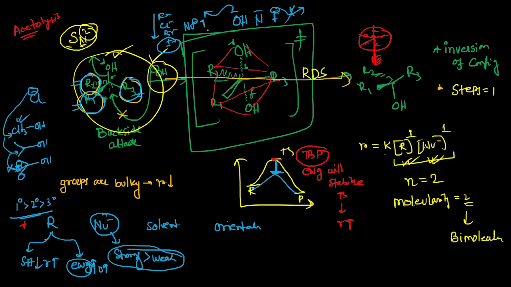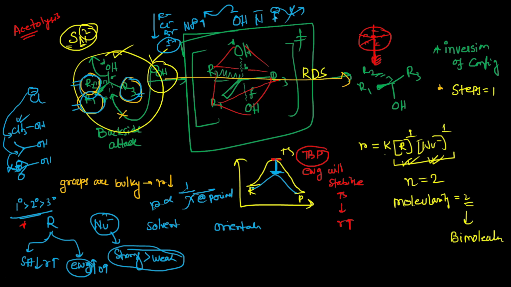So I can say here the rate is proportional to 1 by chi, that means electronegativity in a period. In any period, these are in the same period: oxygen, nitrogen, fluorine.